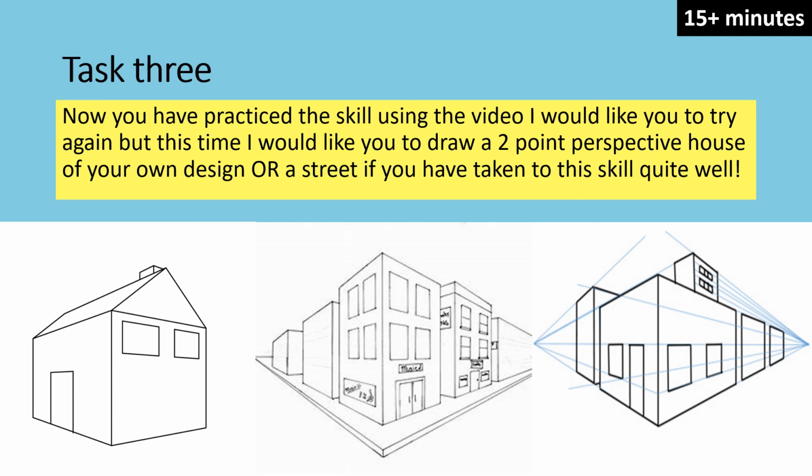And on the following slides, there are just a couple images of different 2-point perspective streets to give you some inspiration and some ideas. Please don't worry about adding colour to your work. This is something that we're going to look at in another lesson. We're going to look at how we can actually add symbols or colours to these conventions to make them even more accurate. So just focus on the actual drawing style or drawing skill just for this lesson.